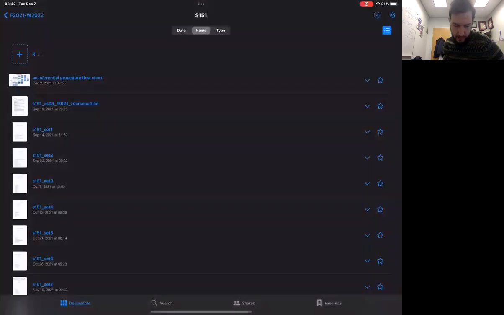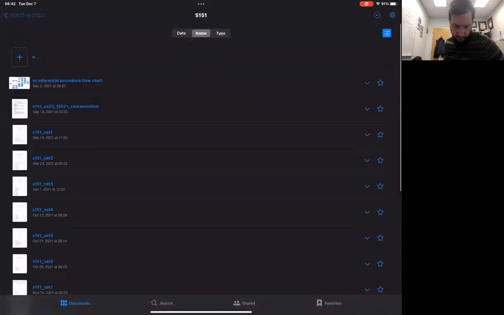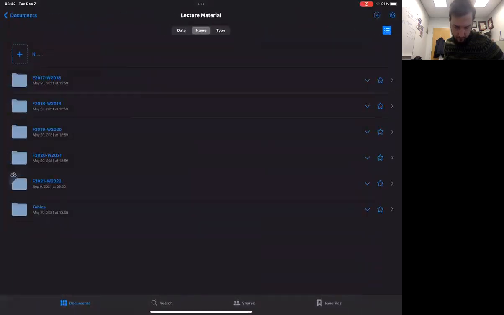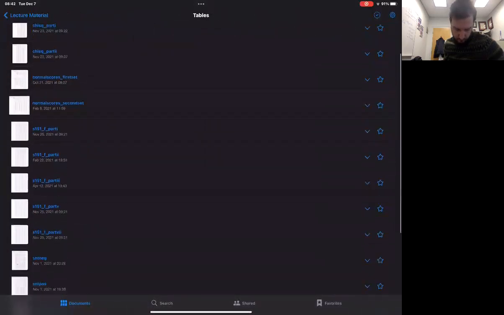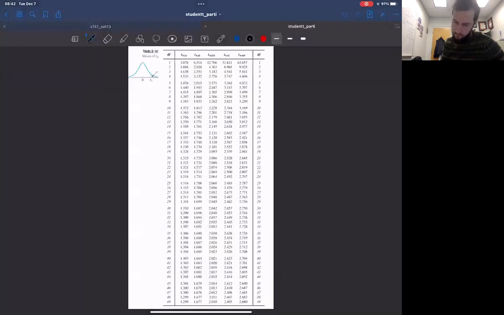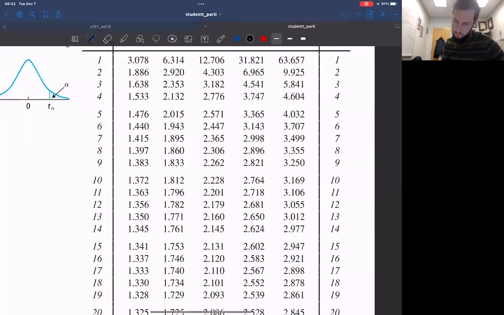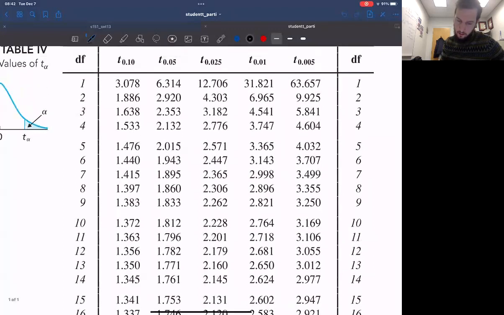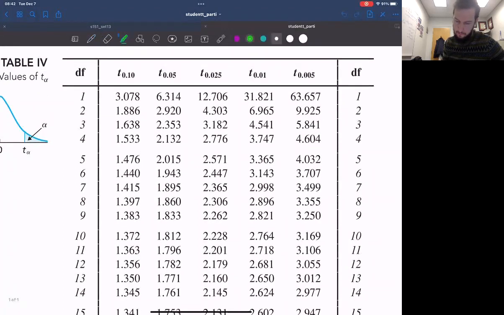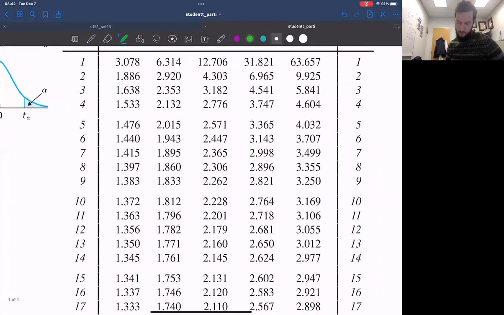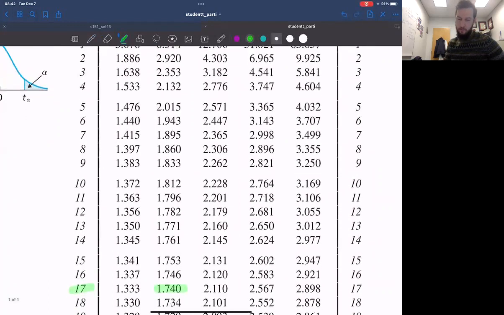All right. So now we need our t-table. Okay, so we're 0.05, 17, so that gives us 1.740. Okay, so here's the critical value for this test.